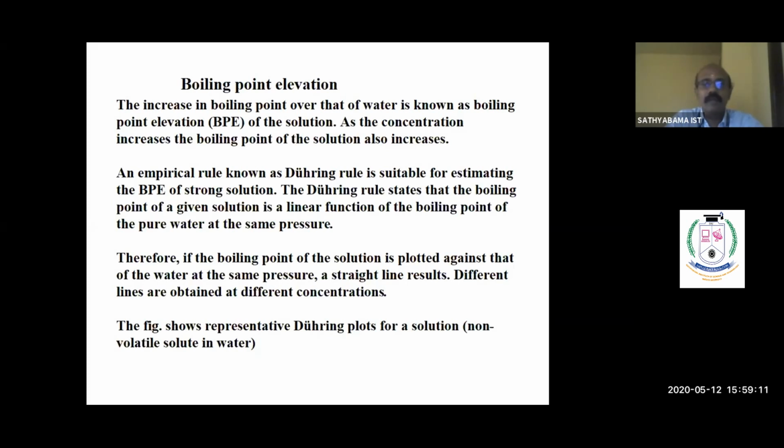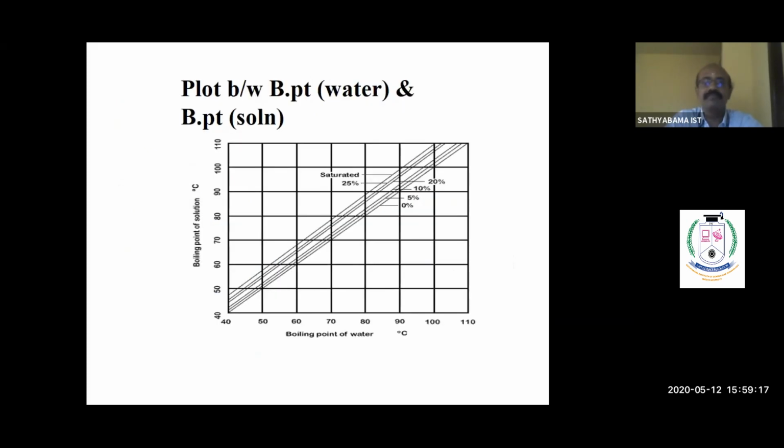Different lines are obtained at different concentrations. The following figure shows the representative Duhring plot for a solution. So see here, whenever the plot is drawn between the boiling point of solution and the boiling point of water, various straight lines are obtained.